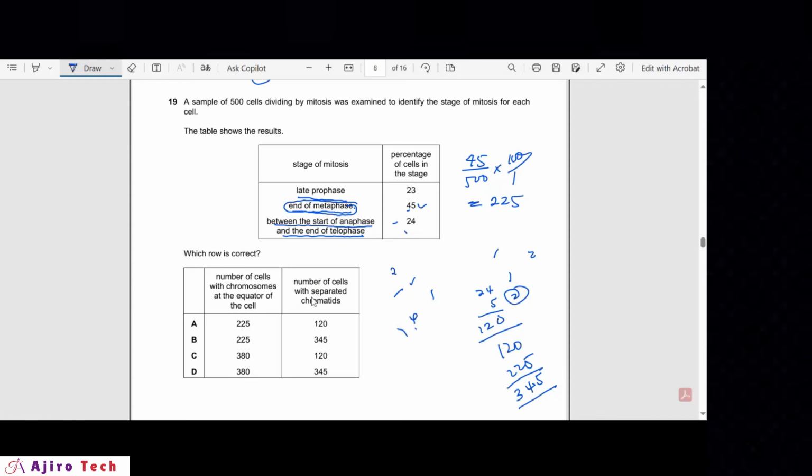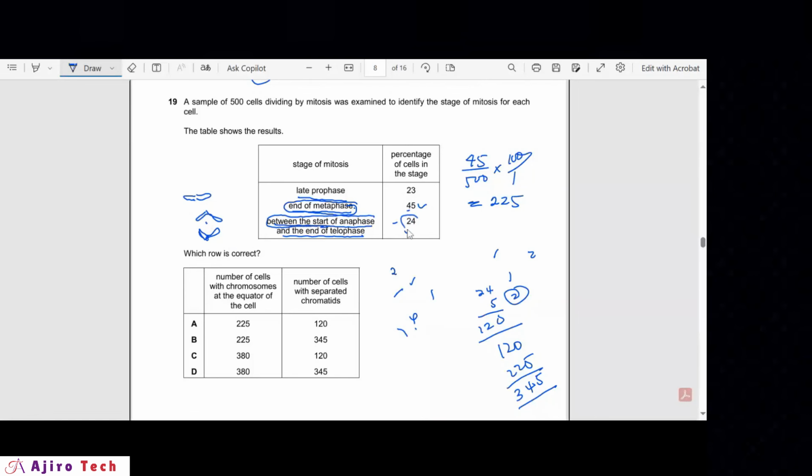Then we have the number of cells with separated chromatids. We can only see separated chromatids at anaphase and the end of telophase. By the start of anaphase, the chromatids start moving to the opposite poles, so they are separated.